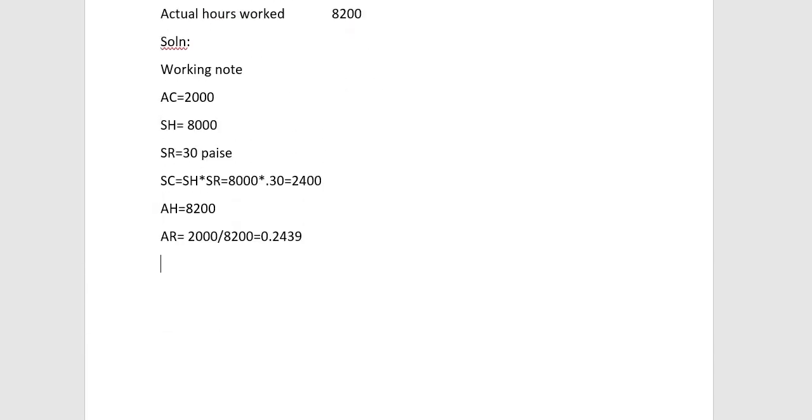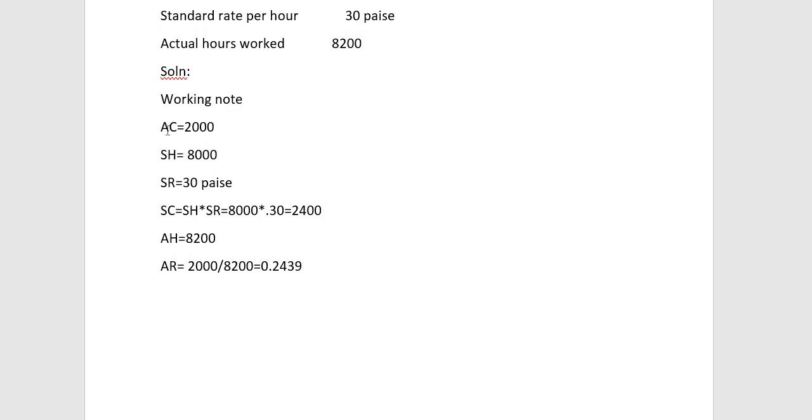Now we have to solve the problem. This is very important. When you know the actual cost, standard cost, standard hours, actual hours, standard rate and actual rate, it becomes very easy to solve. First we have to find labor cost variance. Labor cost variance is equal to standard cost minus actual cost.